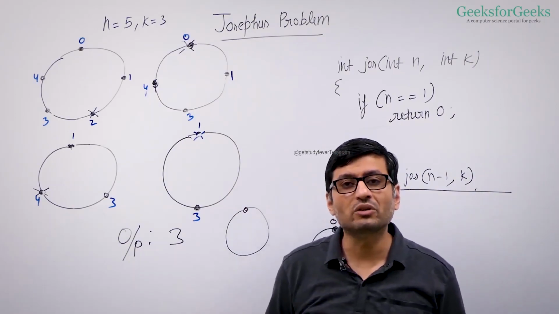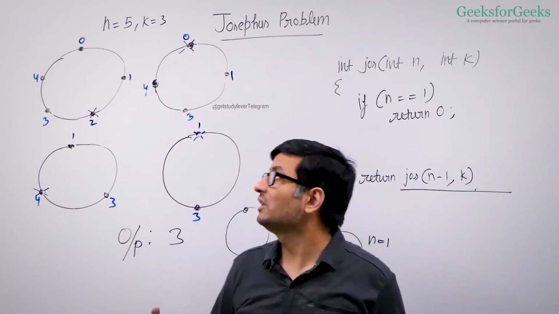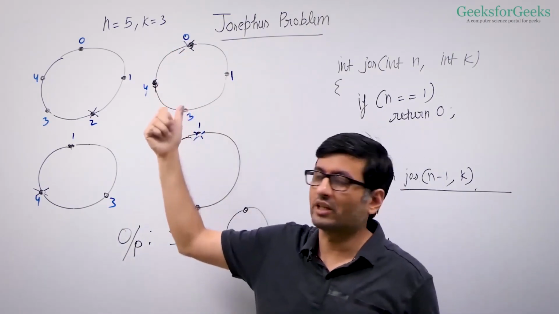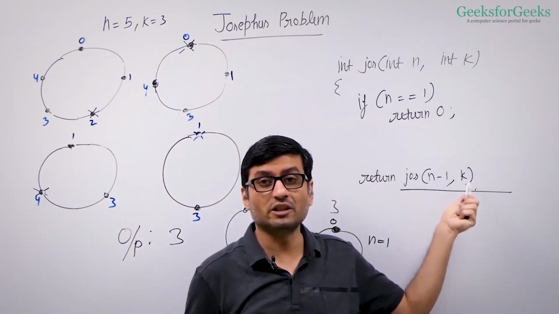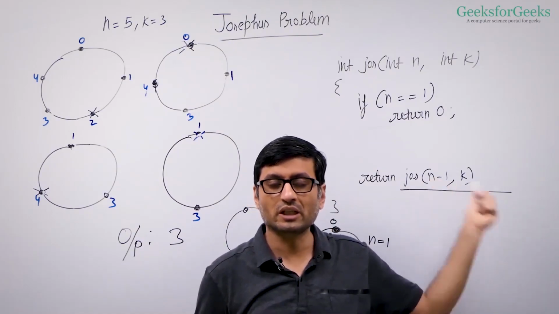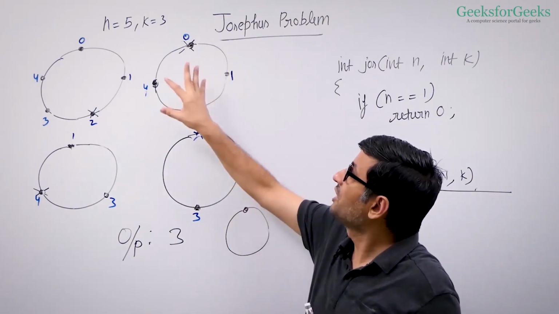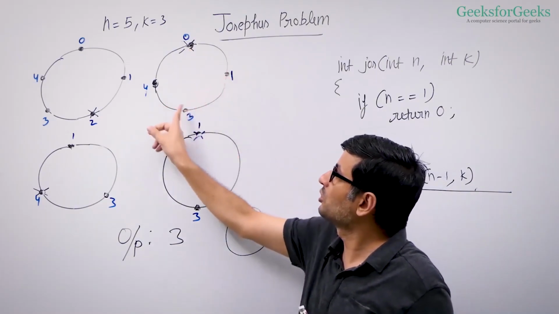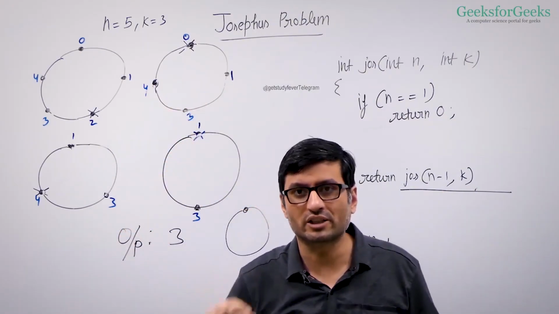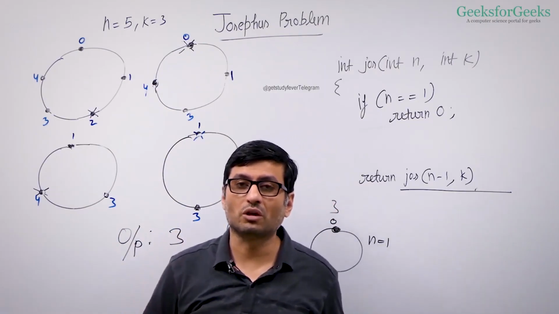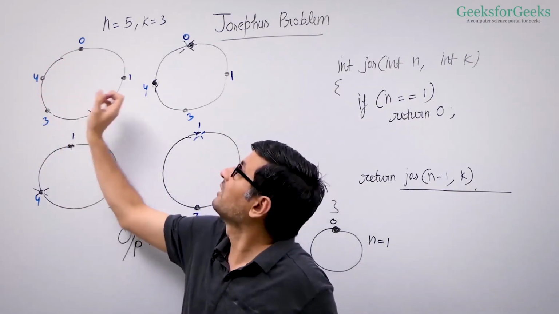Now please pause this video, do some examples yourself, like n equal to 7, k equal to 3, this particular example, and think of an expression that you need to write here, the changes that you need to make in this expression so that you get the correct answer. You mainly need to consider your recursive calls with 0, 1, 2, 3 only, right? Now whatever value you get from these recursive calls, you need to adjust these values according to your final output, according to your circle which has 5 people in this example, right?